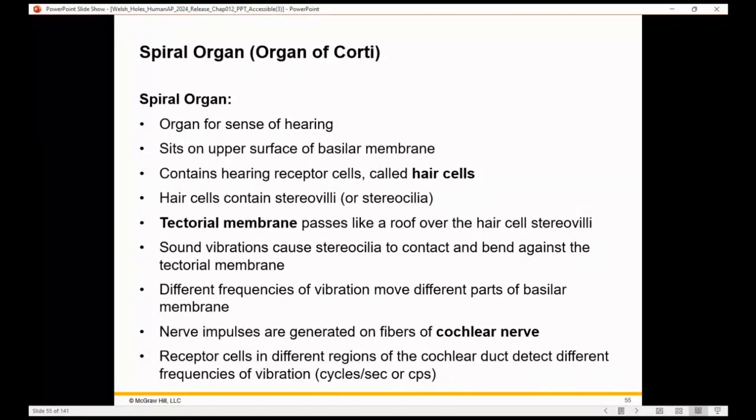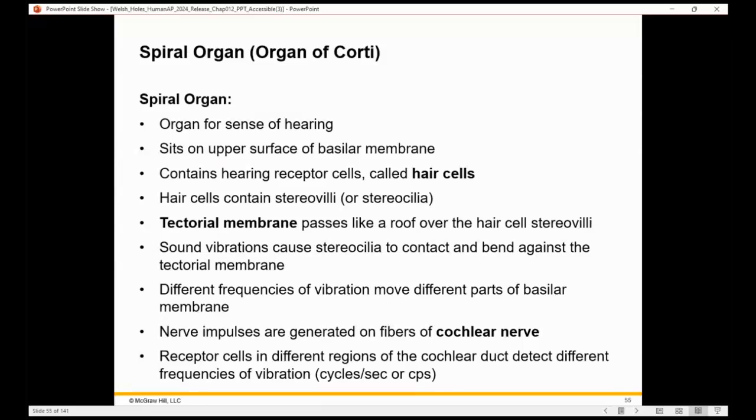Okay, let's talk about the spiral organ, or the organ of Corti. The spiral organ is an organ for the sense of hearing. It sits on the upper surface of the basilar membrane and contains hearing receptor cells called hair cells. Hair cells contain stereovilli, or stereocilia.